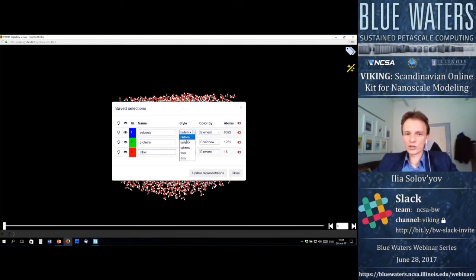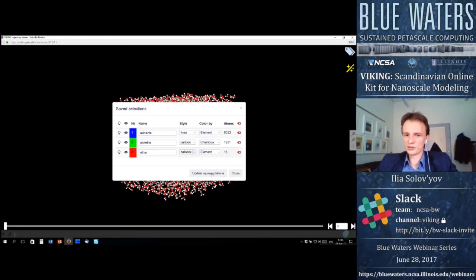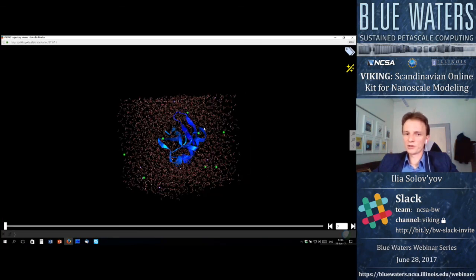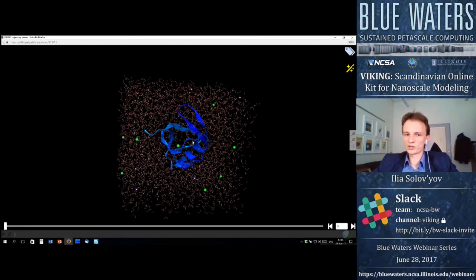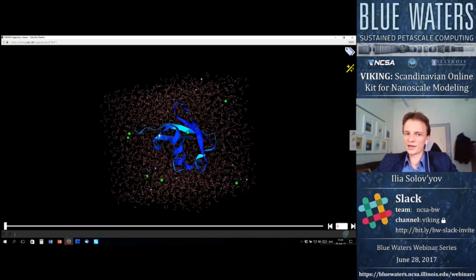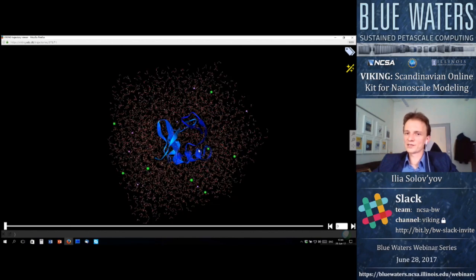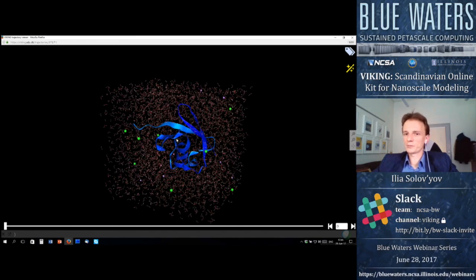For example, I can choose to show solvent in lines representation, and I click update representation. This allows for a simpler visualization of water, and we see the protein much better. Also, as you can see, I can rotate the system smoothly without any delay.